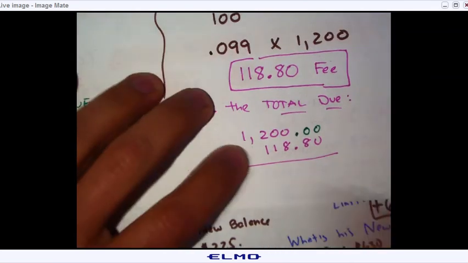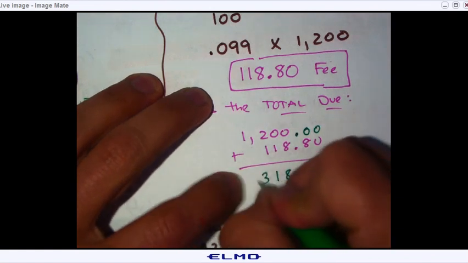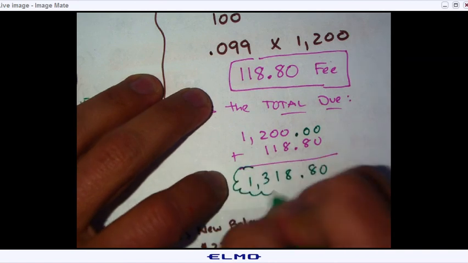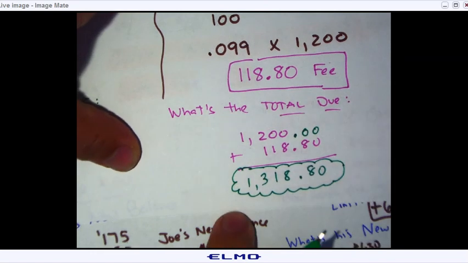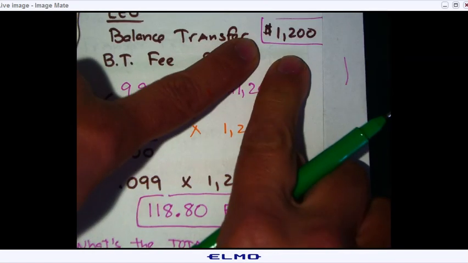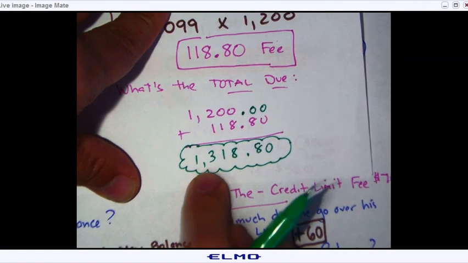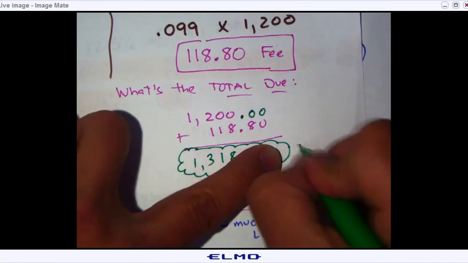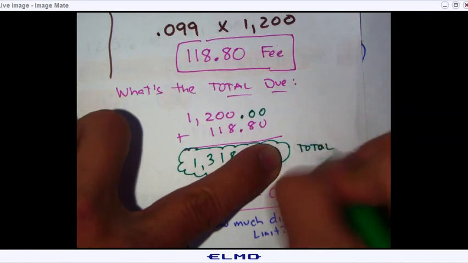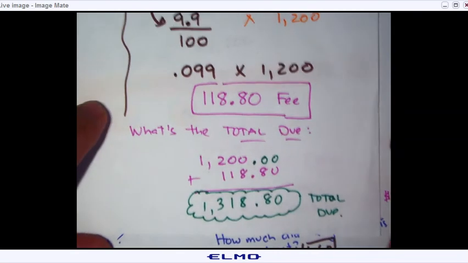Okay, and then there's your answer. So the total amount that this person will owe, Leo, you're gonna owe because you want to borrow 1,200. At the end of the day, if you don't do anything else, you're gonna owe $1,318.80 because there's your fee. Okay, this is your total due. All right, and that's basically it.